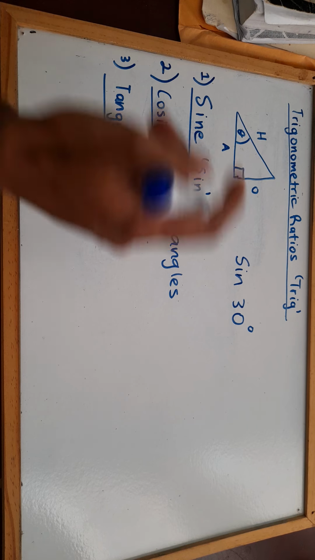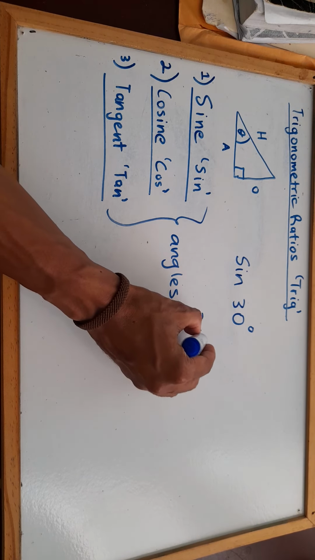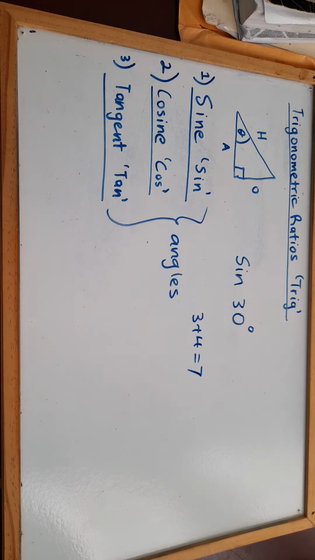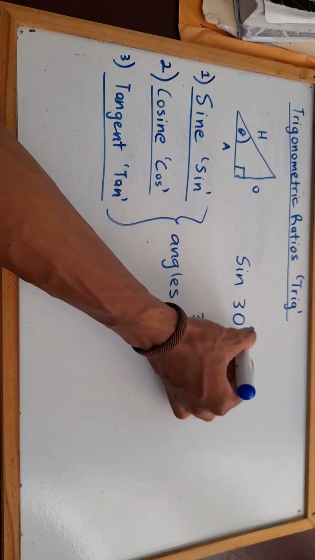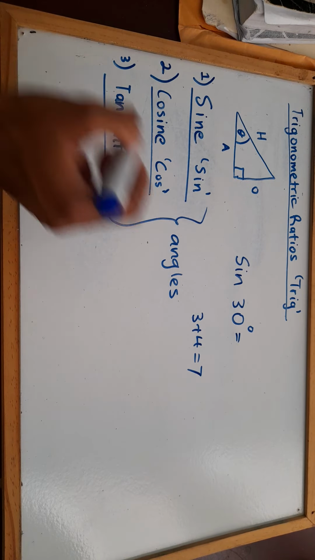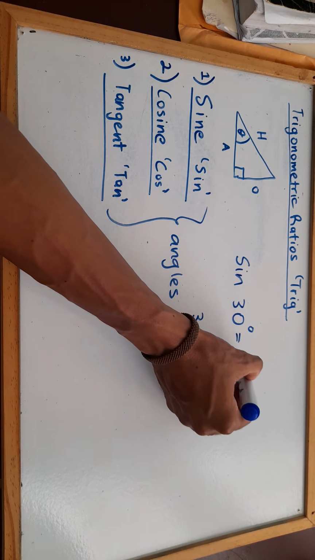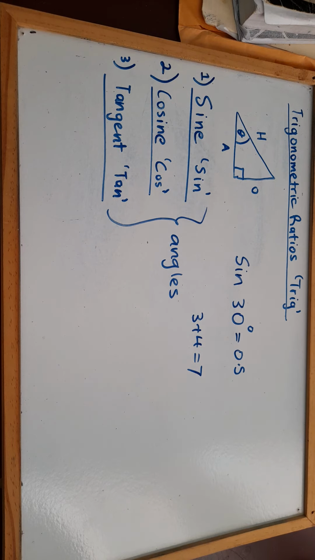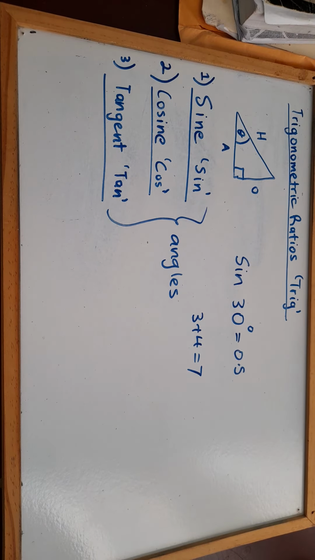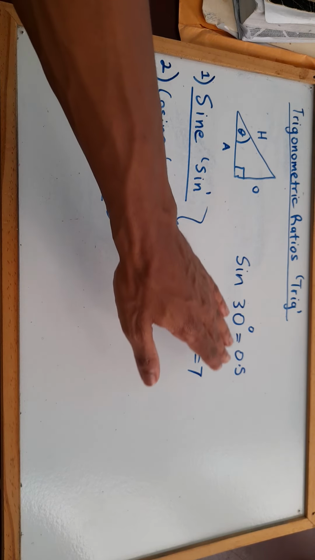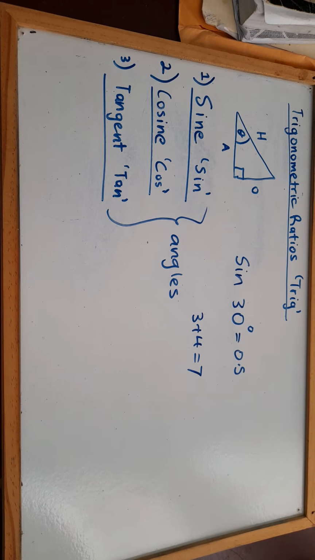When you operate on an angle, just like when we operated on 3 plus 4, we got a value of 7. When we operate with sine, we also get a value, 0.5. How exactly we get 0.5, at the CSEC level, you won't need to know. But when you operate on sine 30, you use your calculator to get these values, obviously. Sine 30 would give you a value of 0.5.